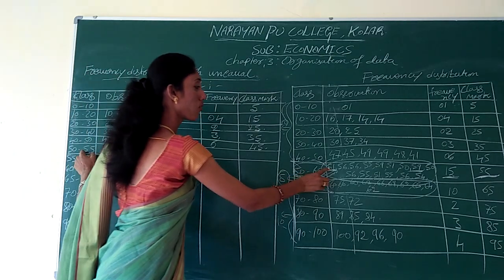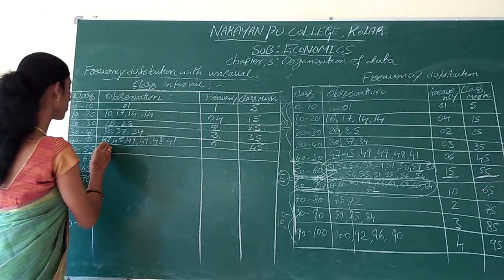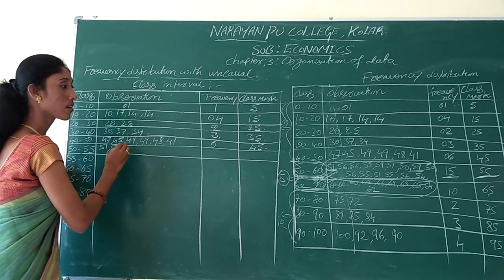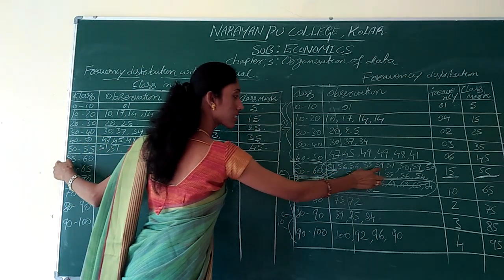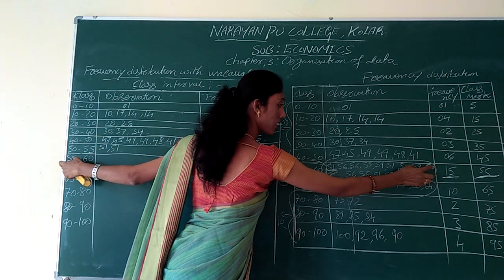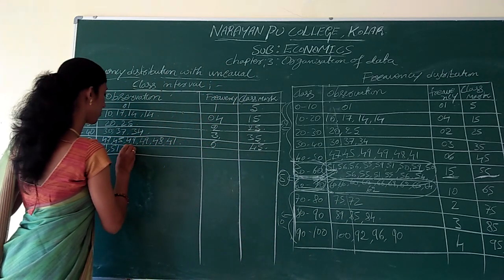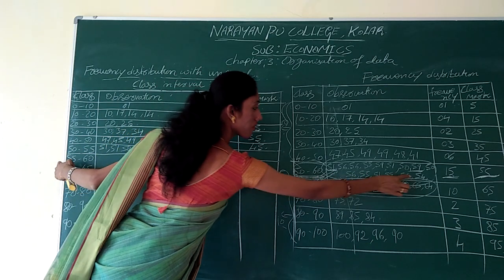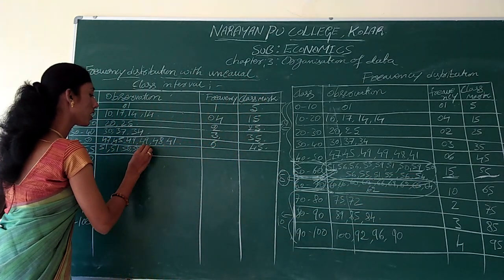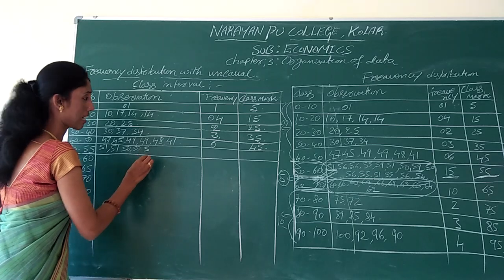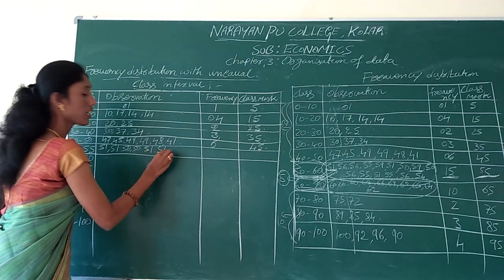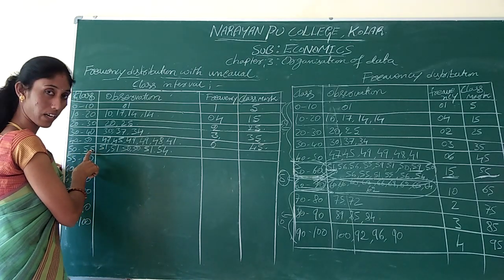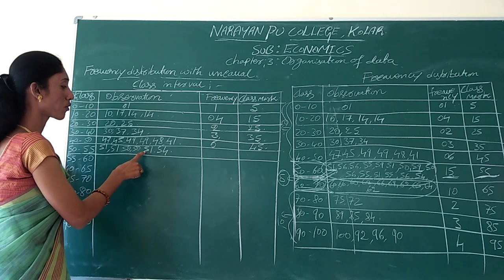Here we will take 51, 51 again. 56 will go to the next class. Here 51, again 50, 50, and 51. 54 comes to this particular class.